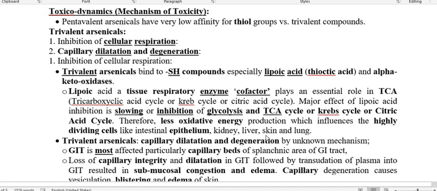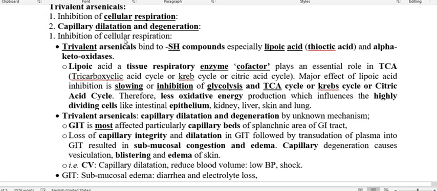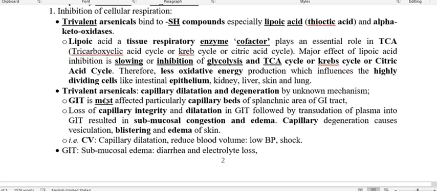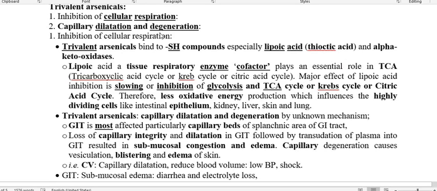Because of the less energy, the rapidly dividing cells like intestinal epithelium, kidney, liver, skin, and lungs get affected. And this comes under cellular respiration with the trivalent arsenicals. Trivalent arsenicals, as we mentioned earlier, are also going to produce dilatation and degeneration.